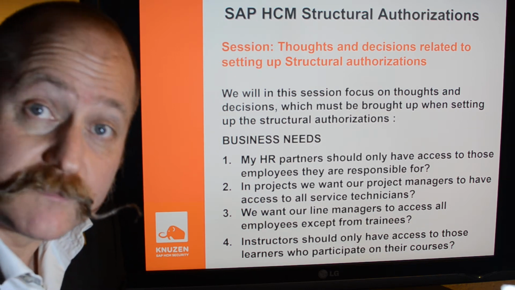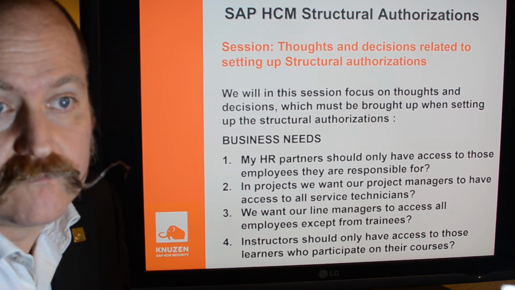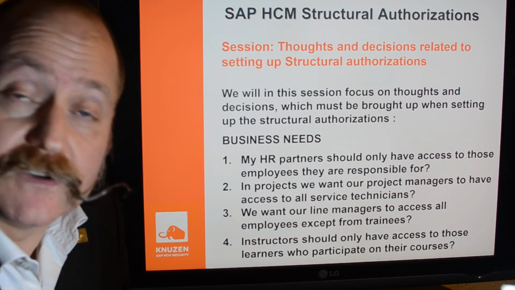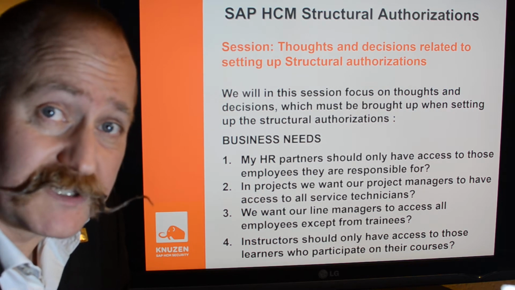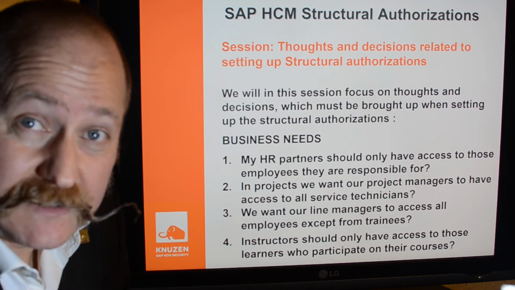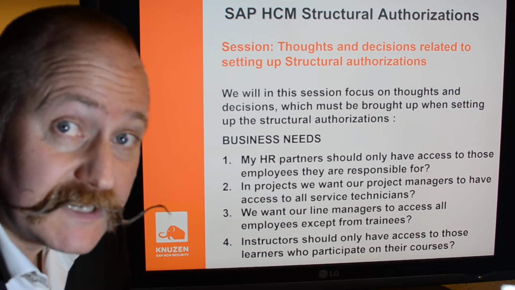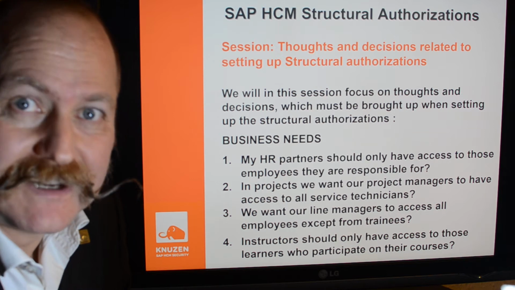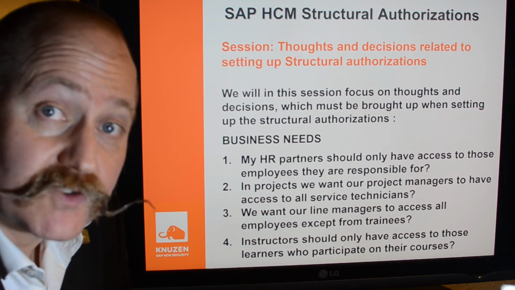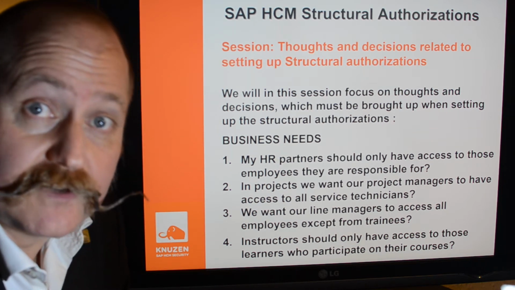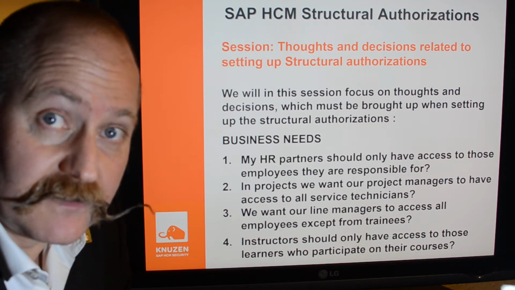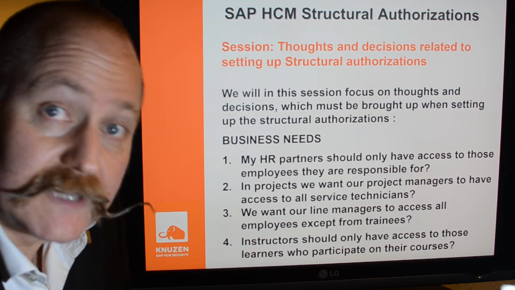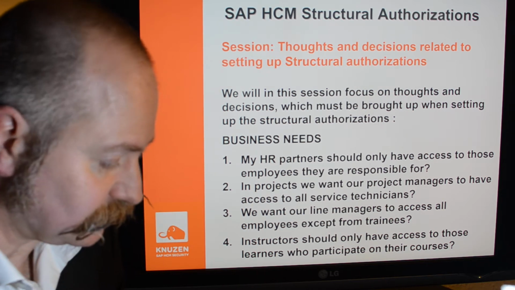It could also be project managers who need access to those employees who have entered or logged time on their projects. It could also be line managers who need access to their employees, perhaps even except for trainees. And then we could also have instructors who need access to those learners who are participating in their courses. So all those kinds of business needs can be solved by structural authorizations.